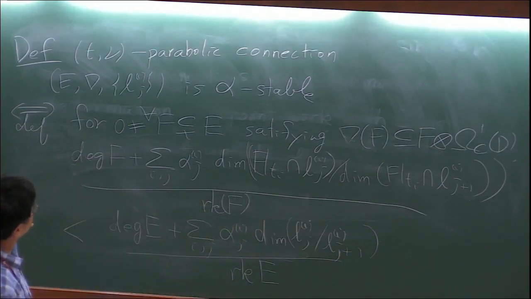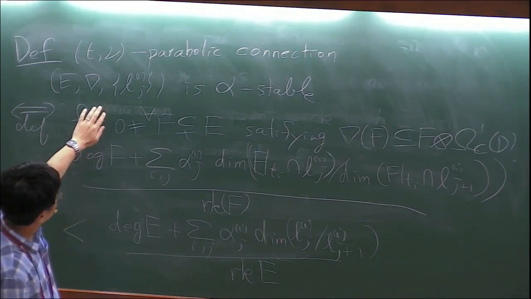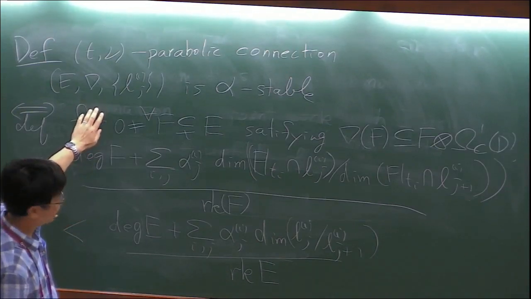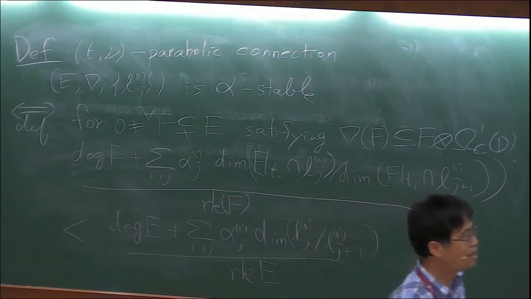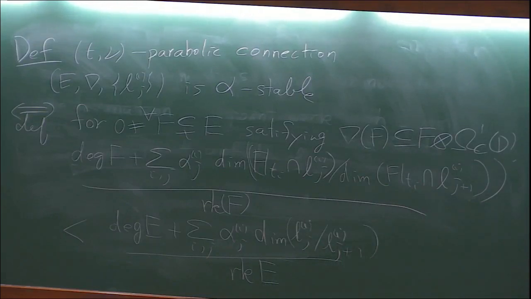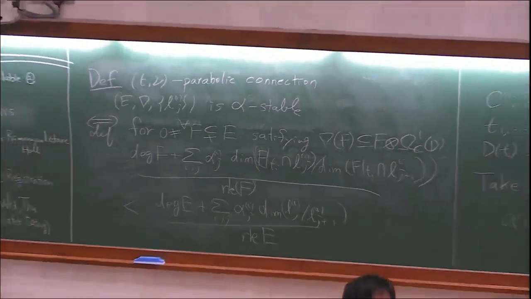If a parabolic connection satisfies this stability, then the corresponding point in the parameter space becomes stable with respect to some reductive group. Then we can take the quotient and get the moduli space by GIT construction.